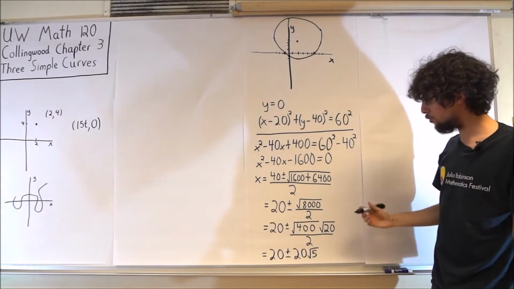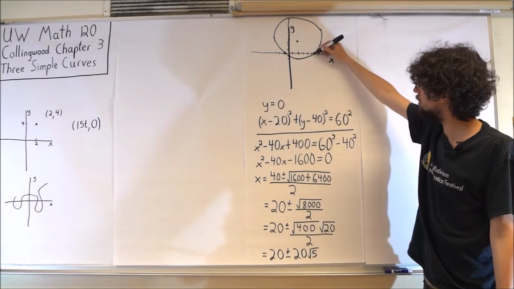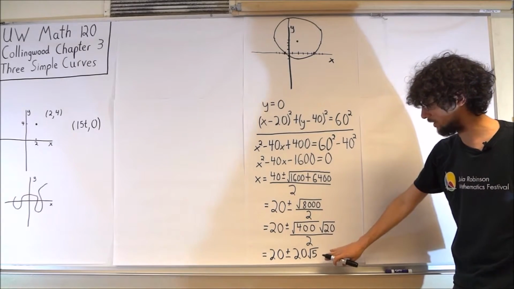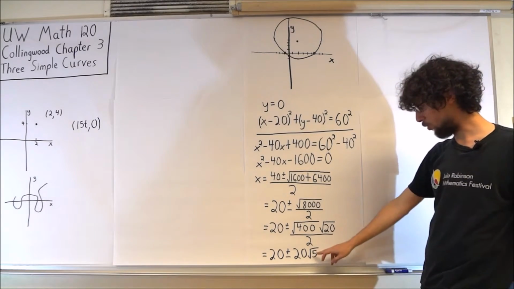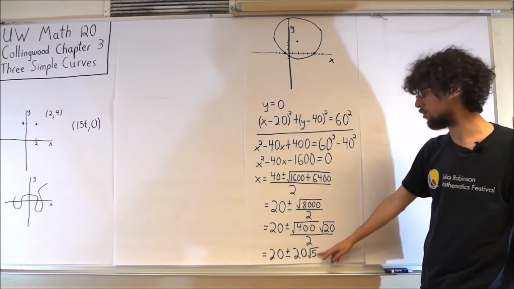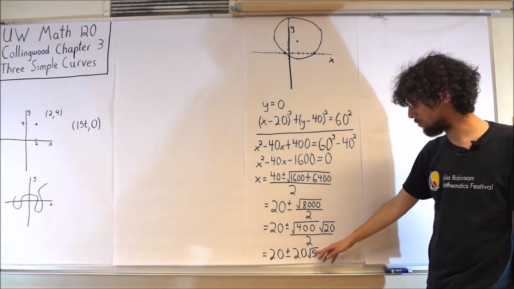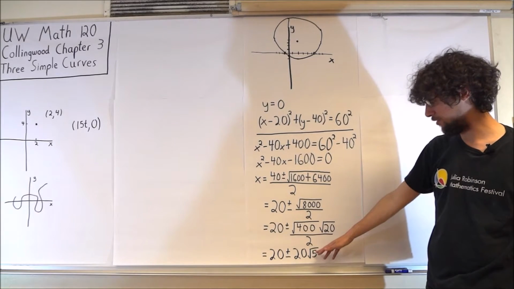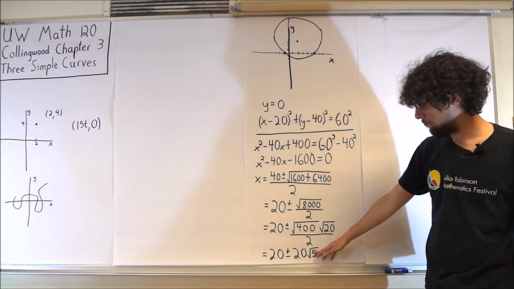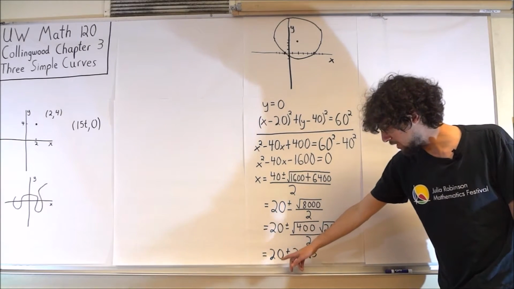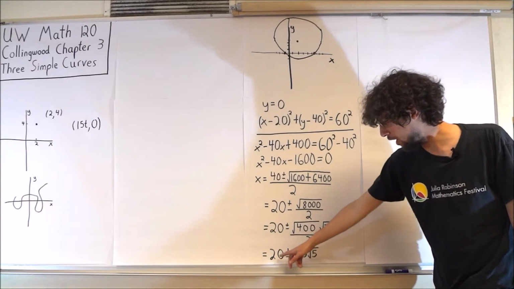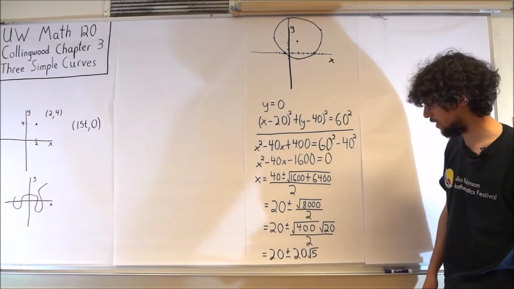So I do want to make sure that this feels reasonable to me in terms of the scale of my answer. The square root of 5 is a little bit more than 2. Maybe 20 times that is maybe something like 45. So this would be 20 plus 45 and 20 minus 45.